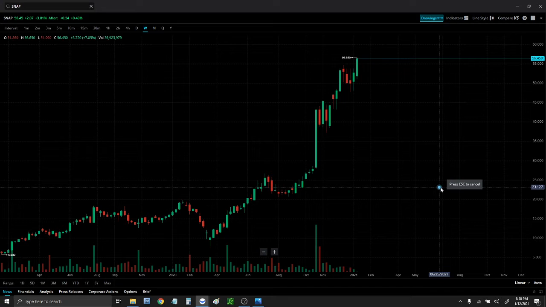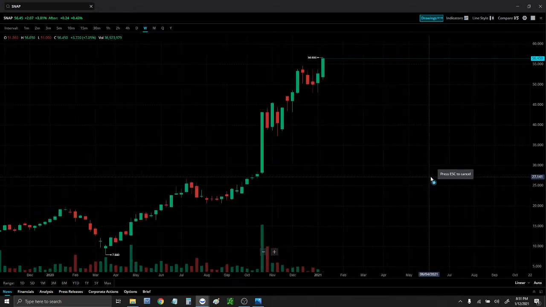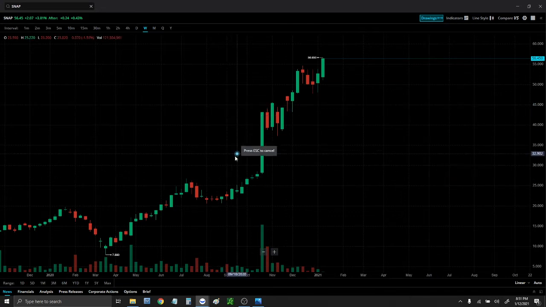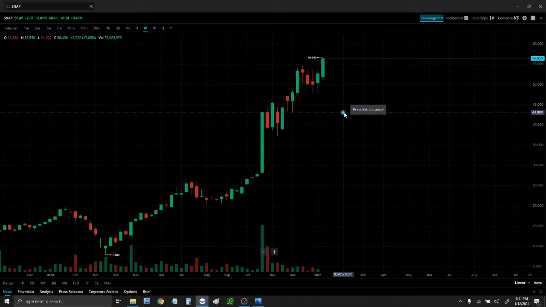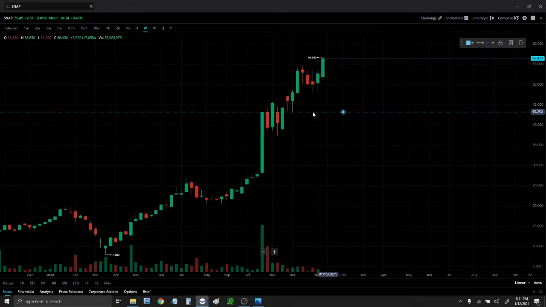So support and resistance basically is defined as areas where price action, the candle, tends to get support, where the price bounces off, and resistance, where the price bounces off and goes back down. So here would be a very obvious location for a resistance.